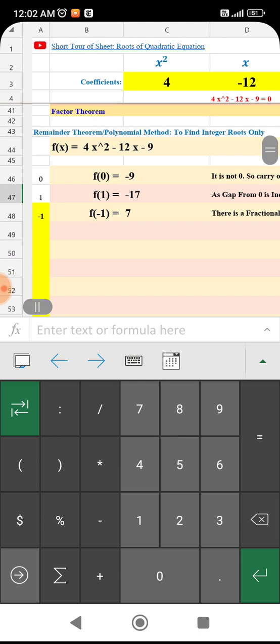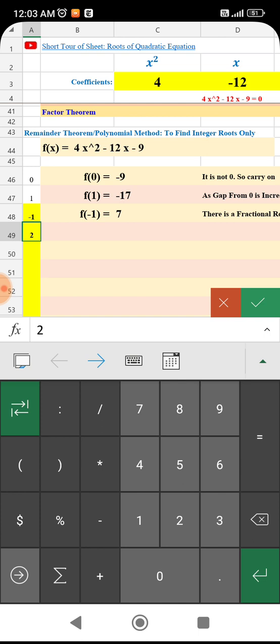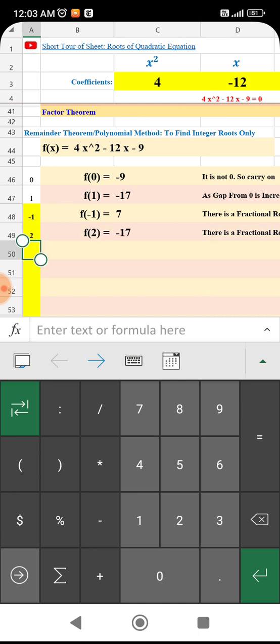So if we go to -2, -3, -4, we can never find a positive root. We have to go to the positive side. So we put 2 here. Look, f of 1 is -17, f of 2 also -17.